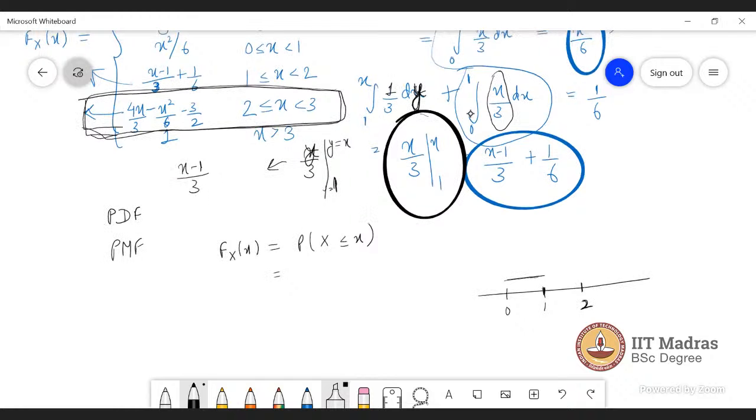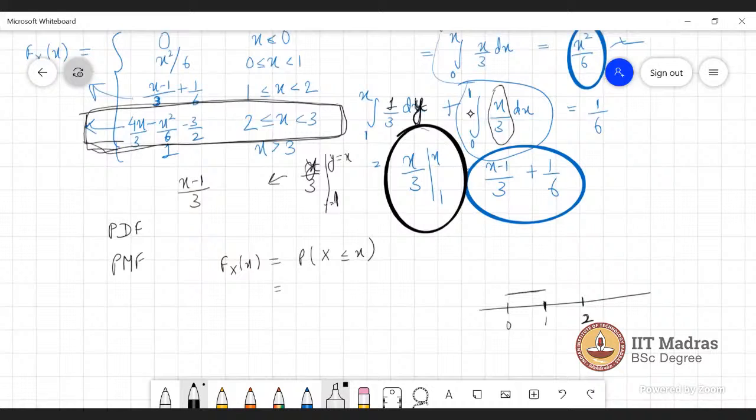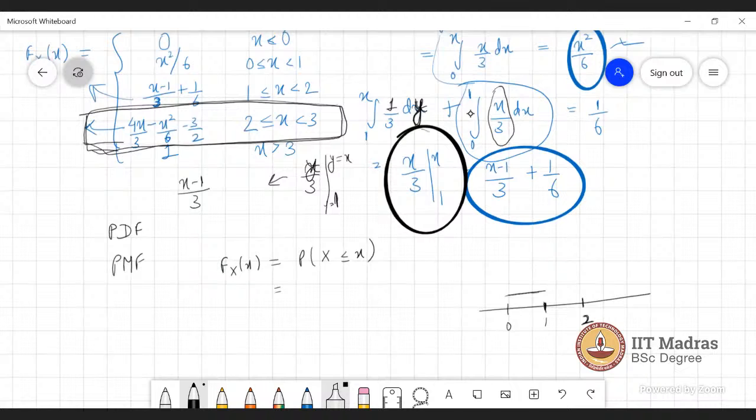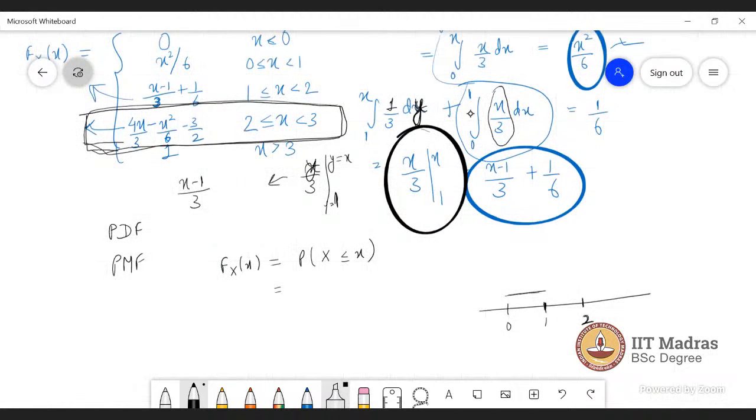So if you do the integration from 0 to 1 for x by 3, our function was x by 3 from 0 to 1, then it will give you x squared by 6, and if you take the limit, it will be 1 upon 6. So this is what we are adding here.